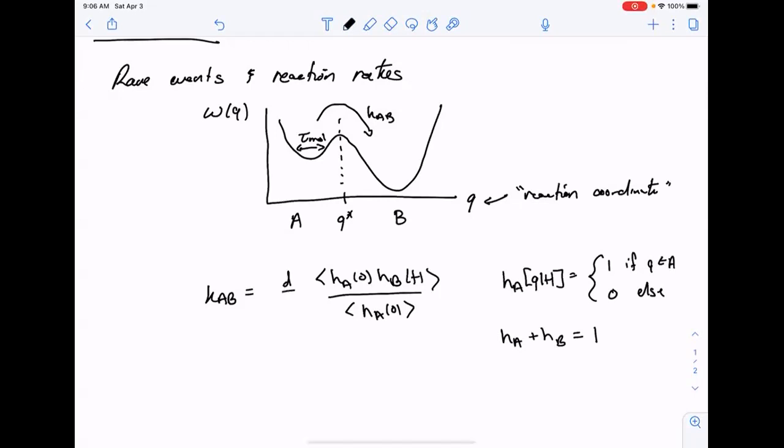The rate of change of this object, referred to as the side-side correlation function, is then exactly equal to the rate.